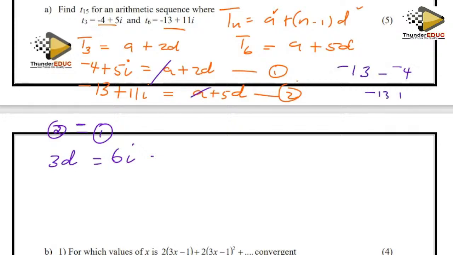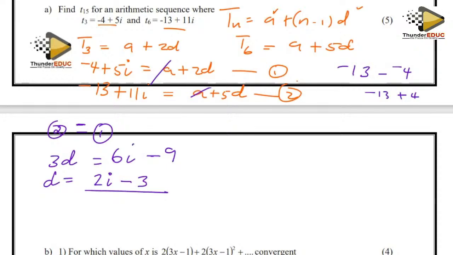That's like negative 13 plus 4, it's got a negative 9. Let's just be sure, it's negative 9. Then divide both sides by 3, which means d is 2i minus 3.